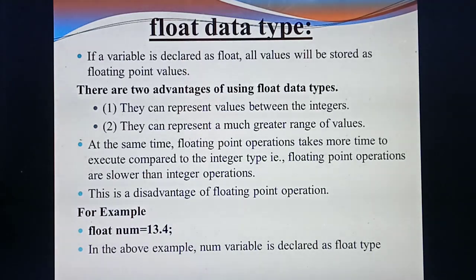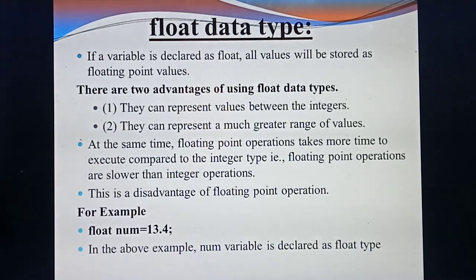If you need to use point numbers in the program, you should represent the type as float. If you declare a variable as float, it will accept only point numbers, that is decimal values.